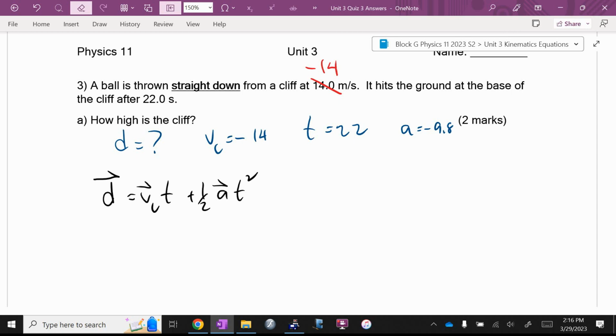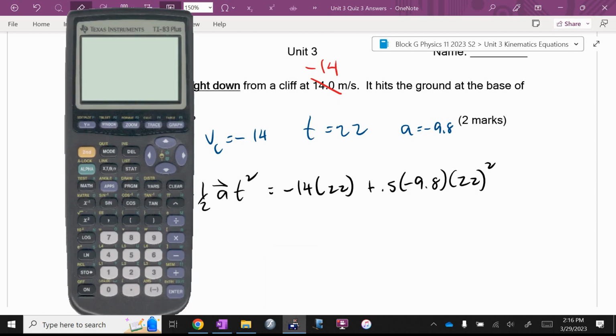It'll start to matter more later on this year. I can go straight to plugging and chugging. It's going to be negative 14 times 22 plus 0.5 times negative 9.8 times 22. The nice thing is, because this is a displacement and vector question, this takes care of the fact that I know it went up for a while, but then it came back down. The equation took care of all that. It's just finding the displacement.